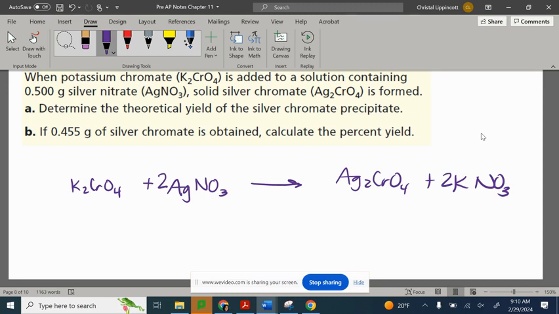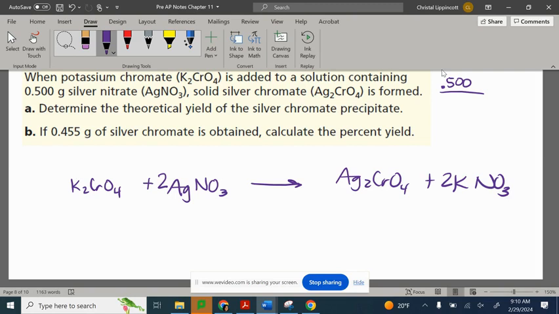All right. We have 0.5 grams of silver nitrate here. What is silver? Is it 107.9? Yeah. Okay, so I need to divide the 0.5 by the molar mass of silver nitrate. So that is 107.9.